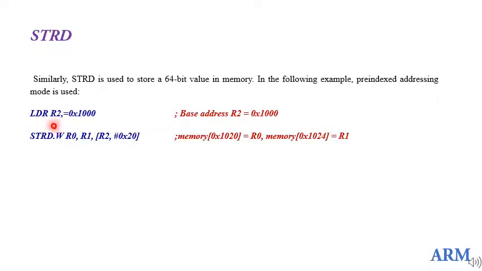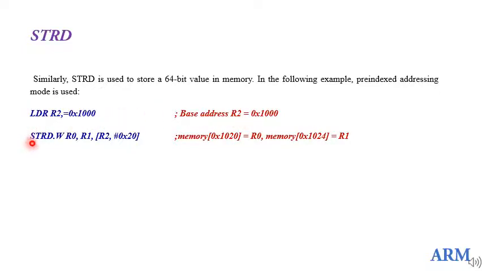The memory address that I want to store data to is 0x1000. I will take the same address. In this instruction, LDR R2, =0x1000, I am loading R2 with the memory address. So R2 will be holding 1000 after the execution of this instruction.